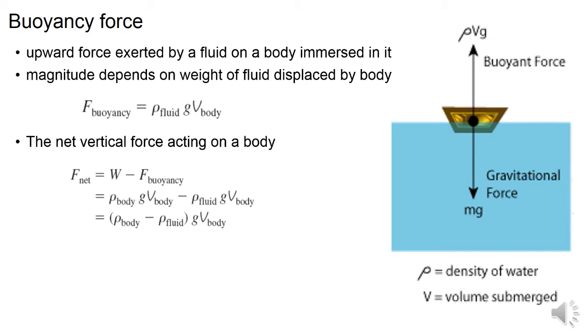So the net force is equal to the density of the body minus the density of the fluid, times gravity and the volume of the body which is submerged in the fluid.